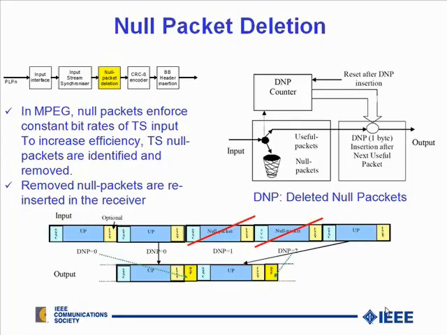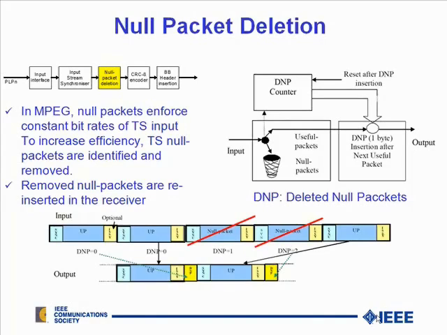Of course, these packets do not contain any data and are inefficient in terms of spectral efficiency. So as DVB-T2 is aimed at providing the highest spectral efficiency possible, these null packets are removed at the transmitter, signaled by a flag into the transmitted stream, so that it will be possible at the receiver to recover these null packets.